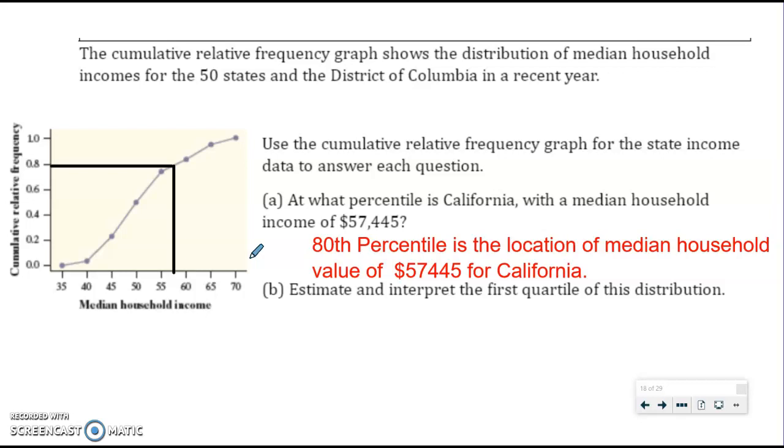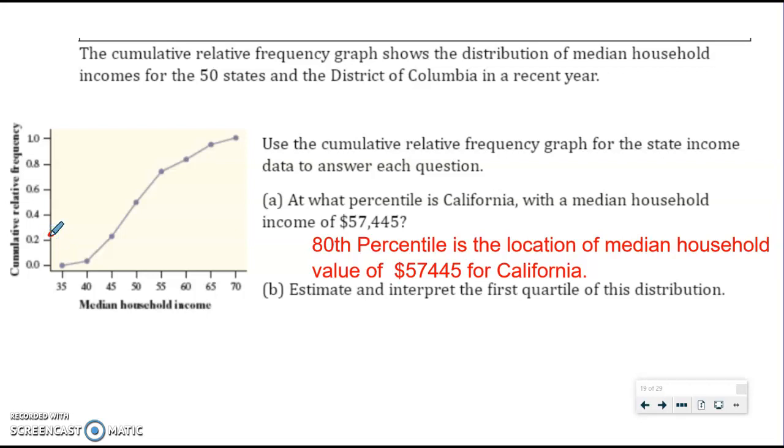Now, the next one asks us to identify the first quartile, and if you remember, that is the same thing as the 25th percentile. So I'm going to look at the vertical axis and try to identify where 25% is, and estimate right there.